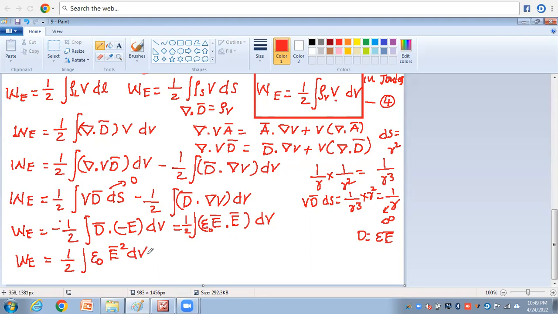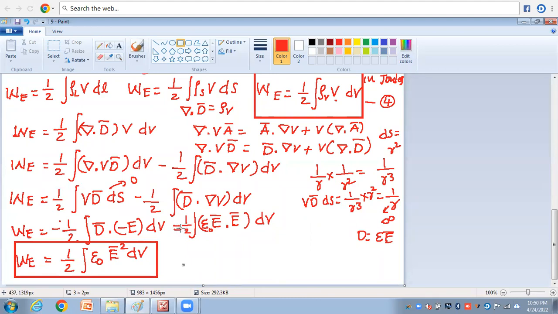Okay, this is one expression, that is W. I will take one box. This is the final expression, that is called W equal to 1 by 2 epsilon naught E squared.